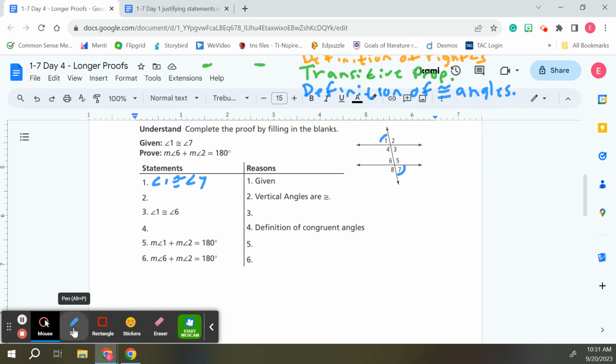All right. Now that I have that, I see that I'm doing something with the vertical angles theorem, and I have something with the measure of angle 6. So I'm going to make this congruent with 7. I'm going to state here that angle 6 is congruent with angle 7 by the vertical angles theorem, or vertical angles are congruent in this case.